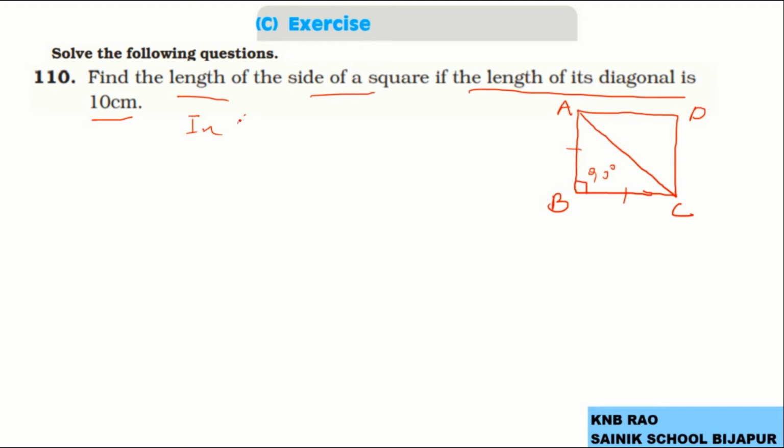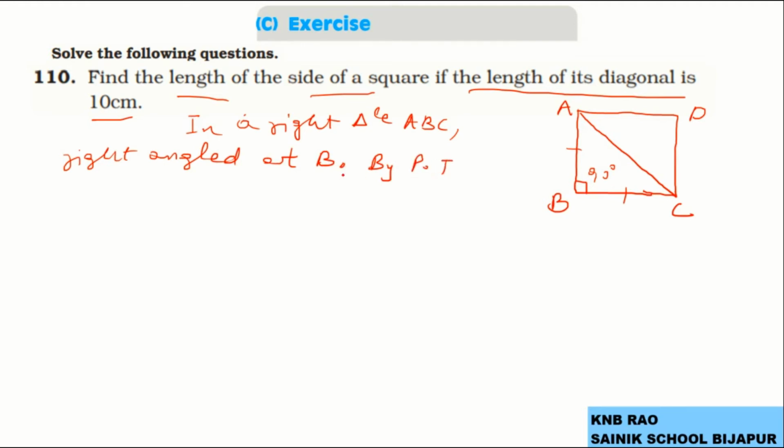So in right triangle ABC, right angled at B, by Pythagoras theorem, AC square is equal to AB square plus BC square.